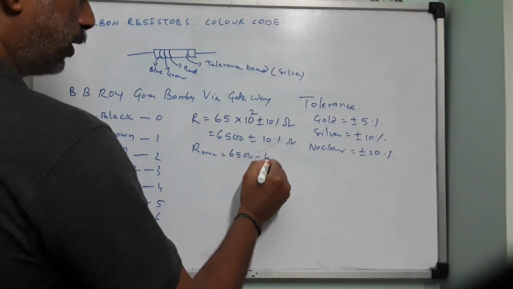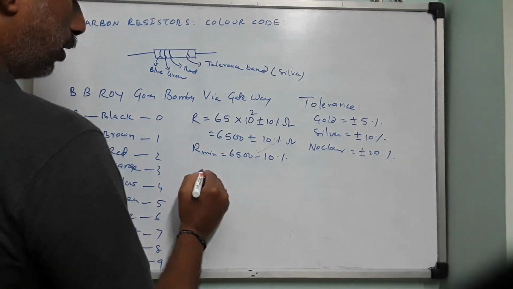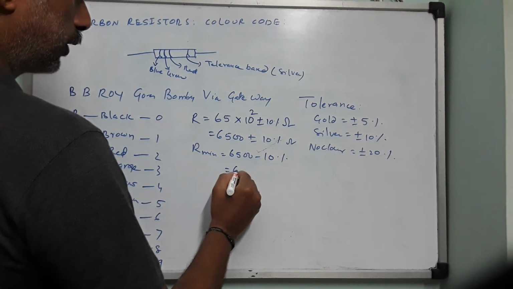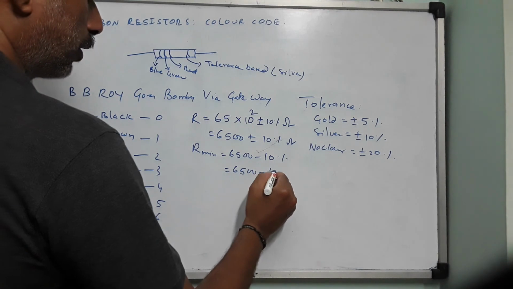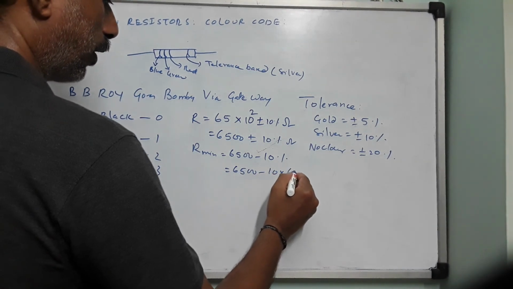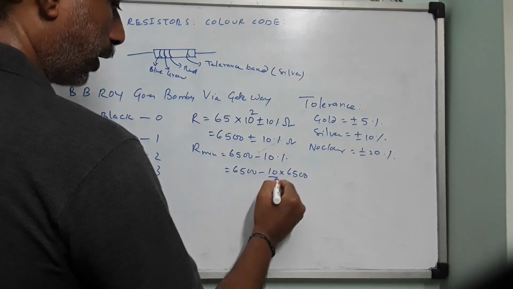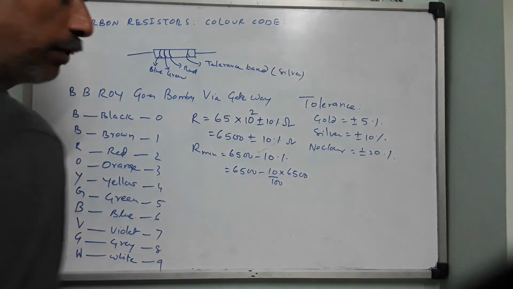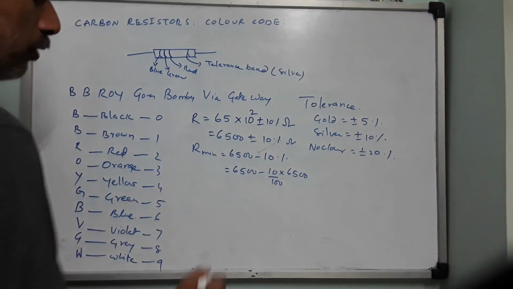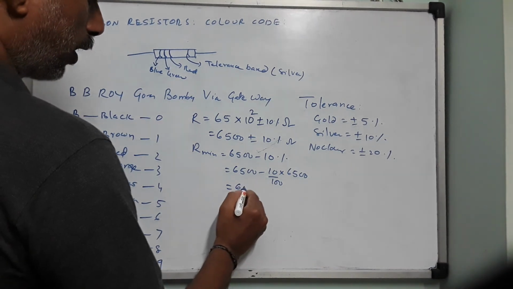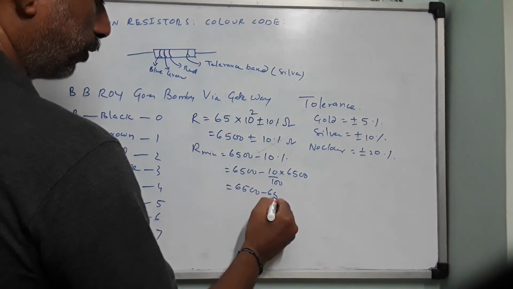6500 minus 10%, right? That is 6500 minus 10% of 6500. Okay, so this will be 6500 minus 650.